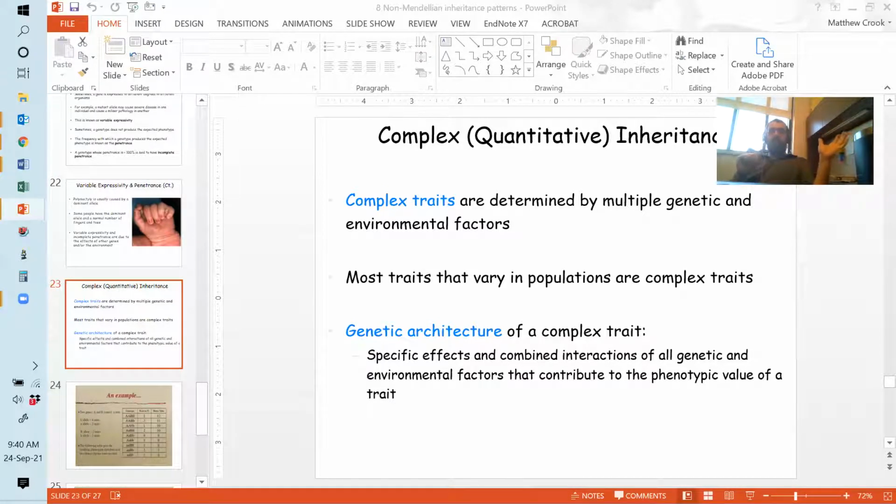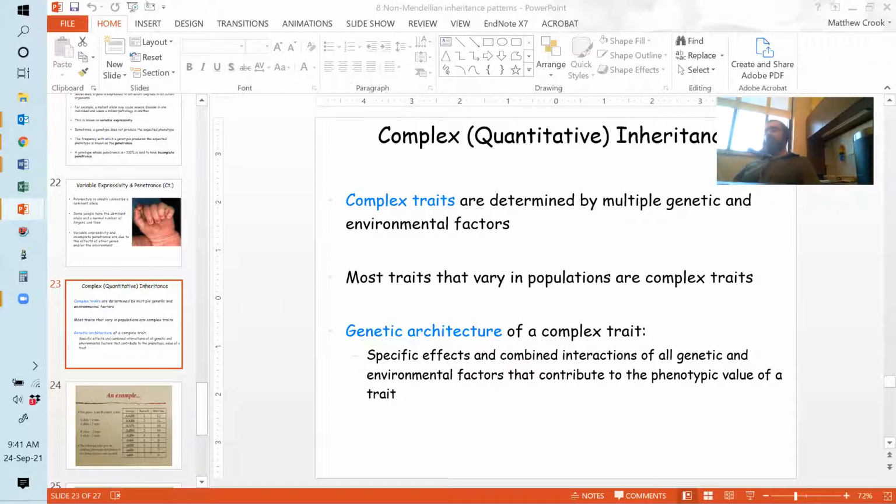One is that almost all traits have more than one gene influencing them. So eye color, for example, multiple genes; hair color, multiple genes; whether or not your earlobes are attached to your head, multiple genes, right? Tongue rolling, finger crossing, et cetera. All of those are polygenic traits.